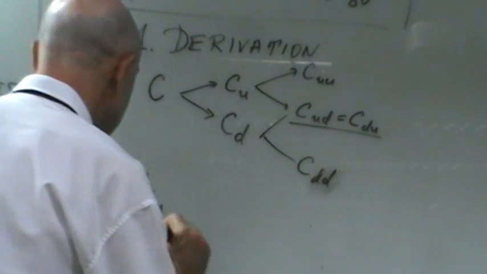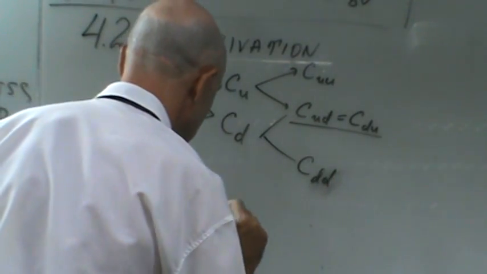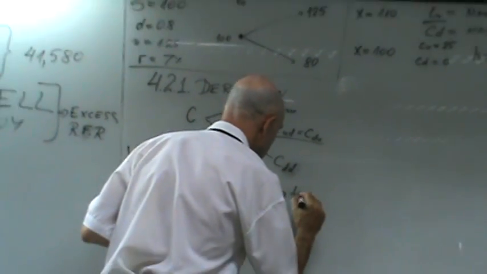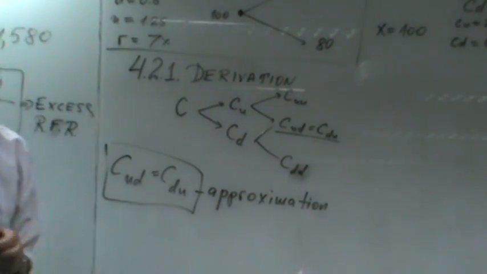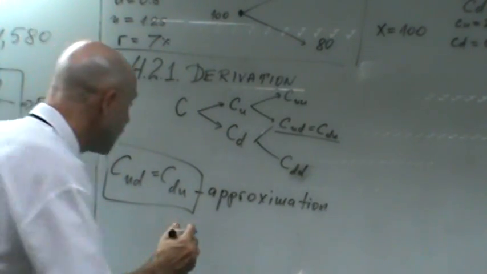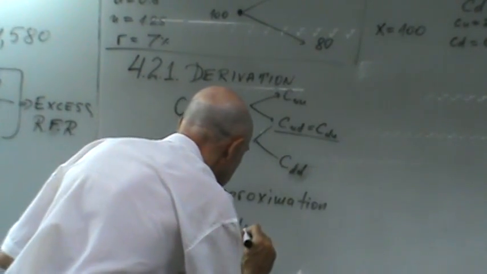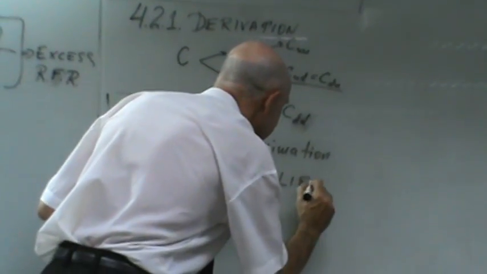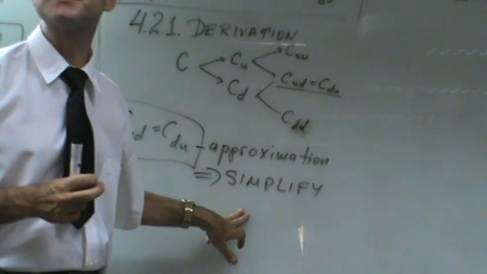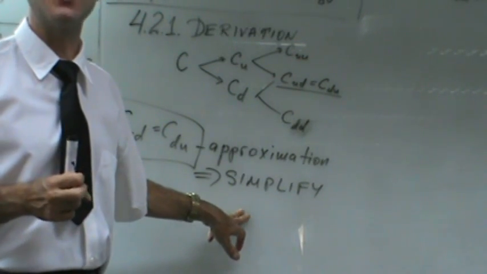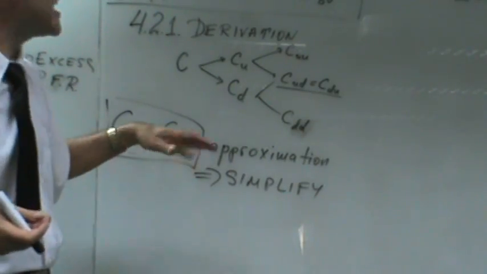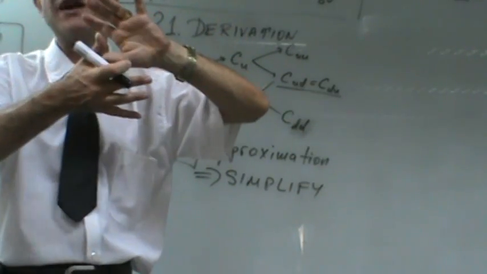So this is an approximation, which is very, very useful to simplify. In other words, the model becomes a lot more complicated, but we can roughly say that, yeah, it goes up 20%, it goes down 20%.